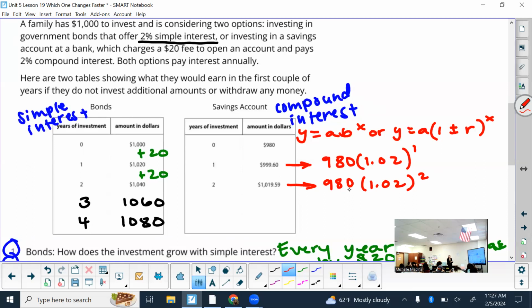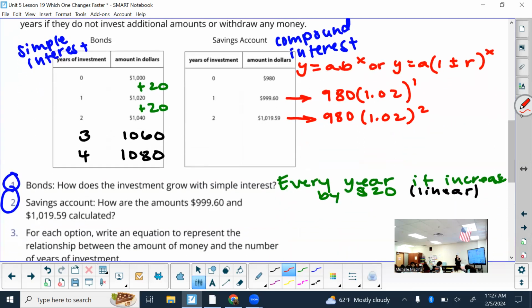All right, the initial amount's not changing, the interest is not changing, the year is changing. Good, any questions? Okay, so there is that, that's compound interest, that you multiply basically by 1.02 each time instead of just adding the same amount each time.